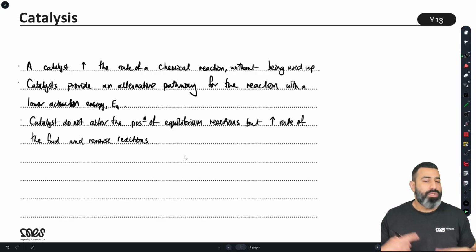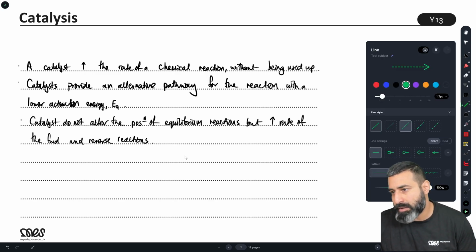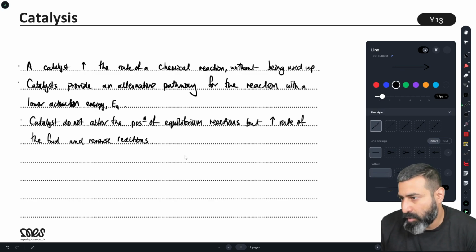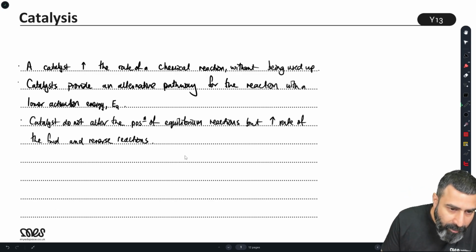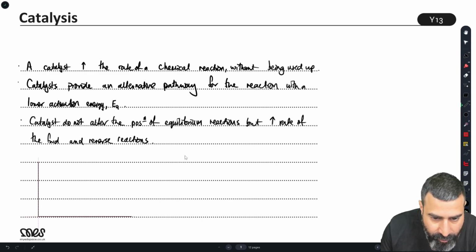Okay, so just to go through point 2 in a little bit more detail, what we're going to do is plot an enthalpy profile diagram. So we all remember this from GCSE and from some year 1 chemistry.